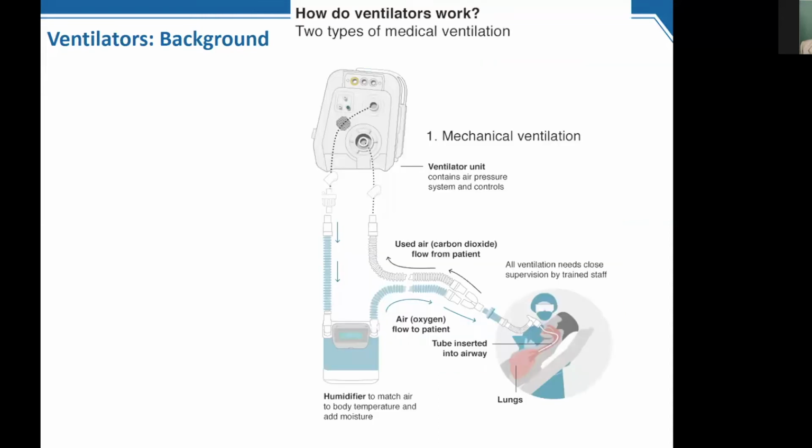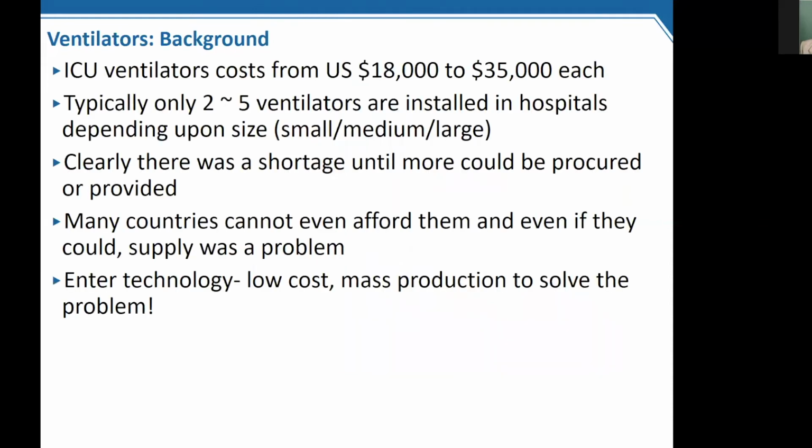How it works is it has a mechanical unit, a pump, valve, etc., and then a humidifier. Then it sends air in, so you intubate the patient and then close it out. And all of this nowadays is microprocessor or computer controlled, which means software is involved.